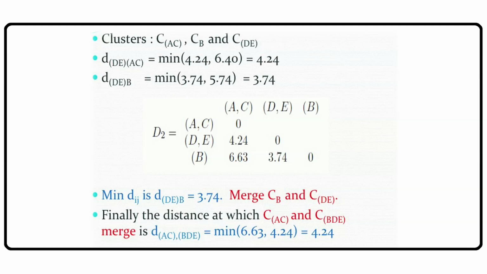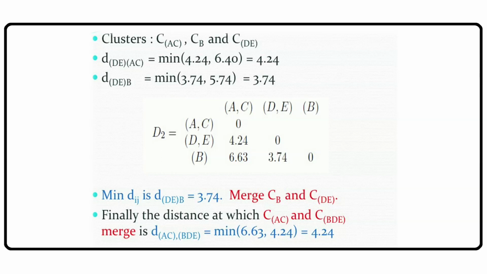The distance between DE and AC turns out to be 4.24 and the distance between DE and B turns out to be 3.74. We have already calculated the distance between B and AC, which is 6.63. We put this in a table and find the minimum value to be 3.74, which corresponds to the clusters CDE and CB. So we merge these two clusters.